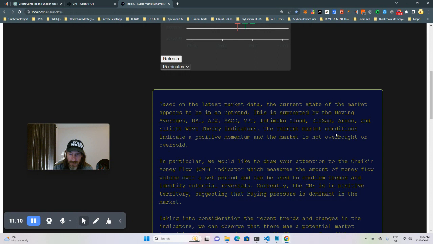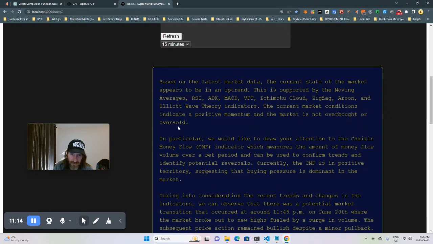The current market conditions indicate a positive momentum and the market is not overbought or oversold. In particular, we would like to draw your attention to the Chaikin Money Flow, CMF, indicator which measures the amount of money flow volume over a set period and can be used to confirm trends and identify potential reversals. Currently, the CMF is in positive territory, suggesting that buying pressure is dominant in the market.